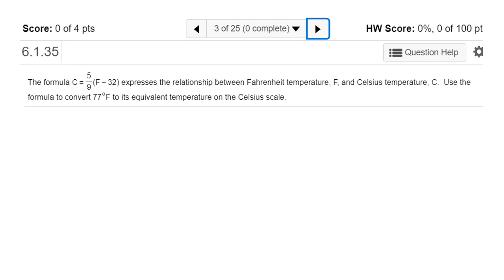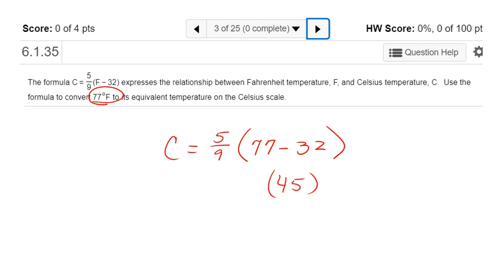Number 3 is a formula problem where we will be converting a Fahrenheit temperature to a Celsius. So use the formula that's given and substitute in 77 degrees Fahrenheit for the F value. Then use your order of operations. So subtract 77 minus 32, which will give us 45.